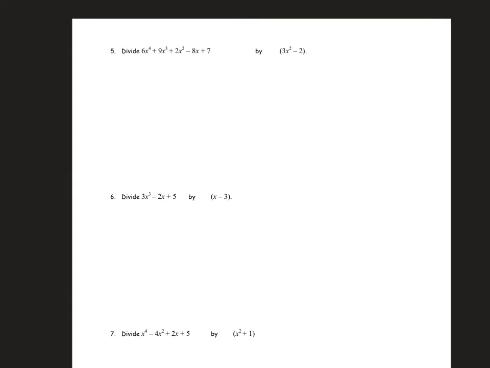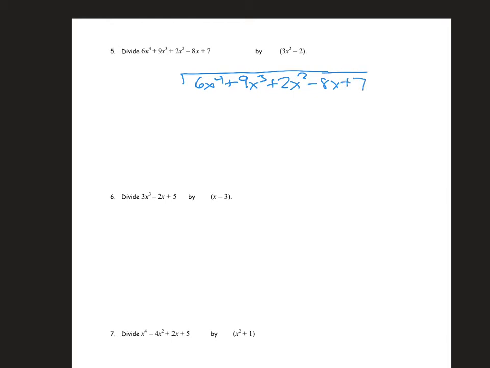One thing to be vigilant about when you do long division of polynomials: to make things line up properly, if you're missing a degree, whether in the dividend or the divisor, you want to put in a placeholder. Here's what I mean. In my dividend, I have a 4th degree, a 3rd degree, a 2nd degree, a 1st degree, and the 0 degree, which is my constant term.